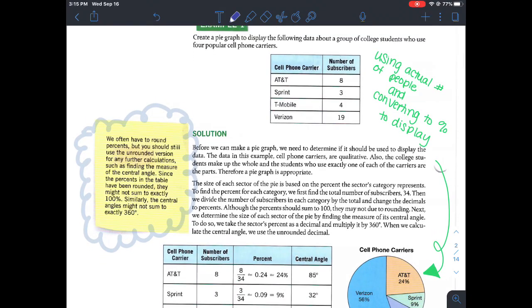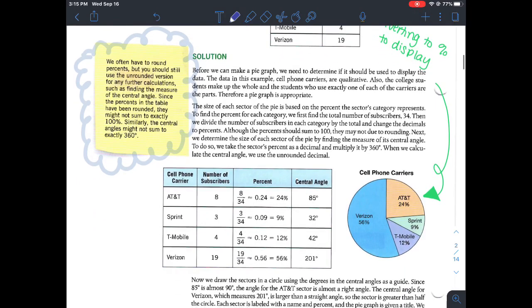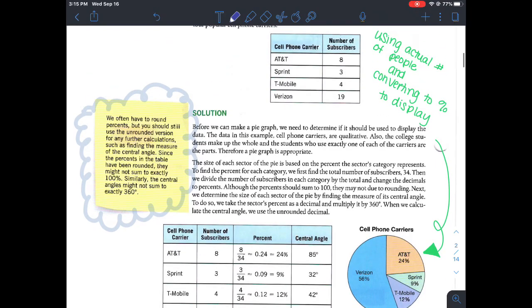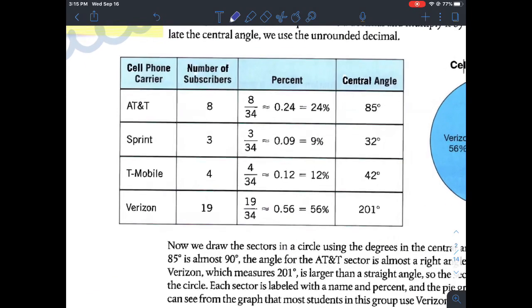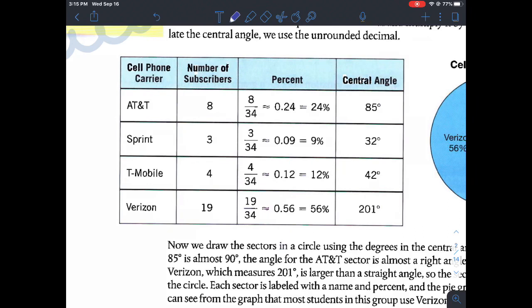So you have the table here, and then since we're using actual numbers up here, like actually 8 people, actually 3 people, to make this pie chart, you need to convert it to percents in order to display. And remember, percent is part over a whole. So in total, 34 college students were asked. So 8 out of 34 gives you a 24%.